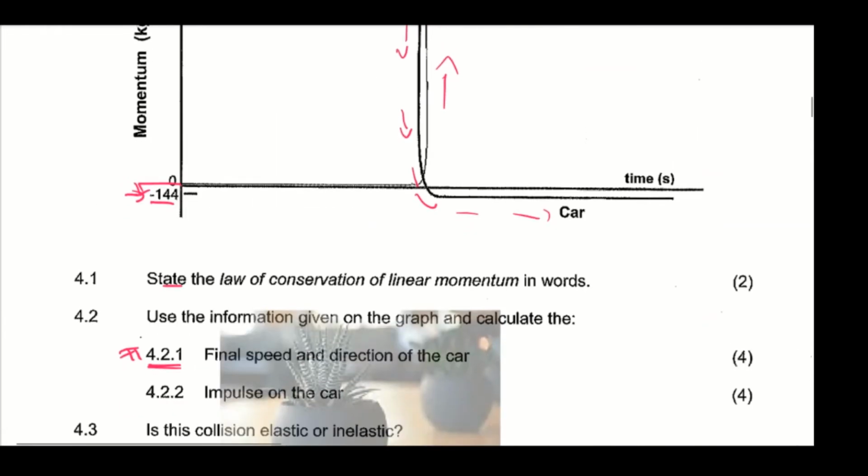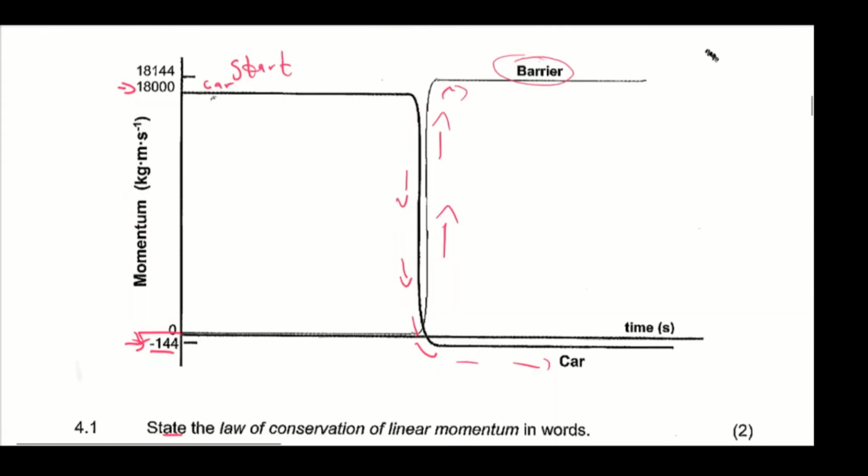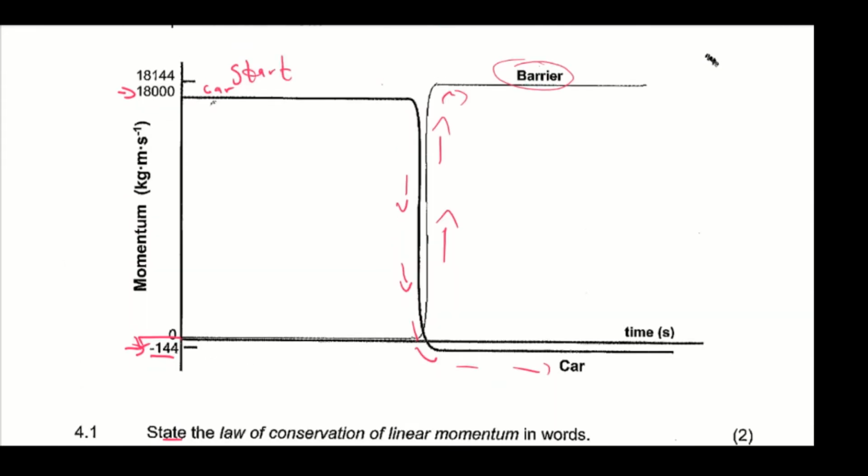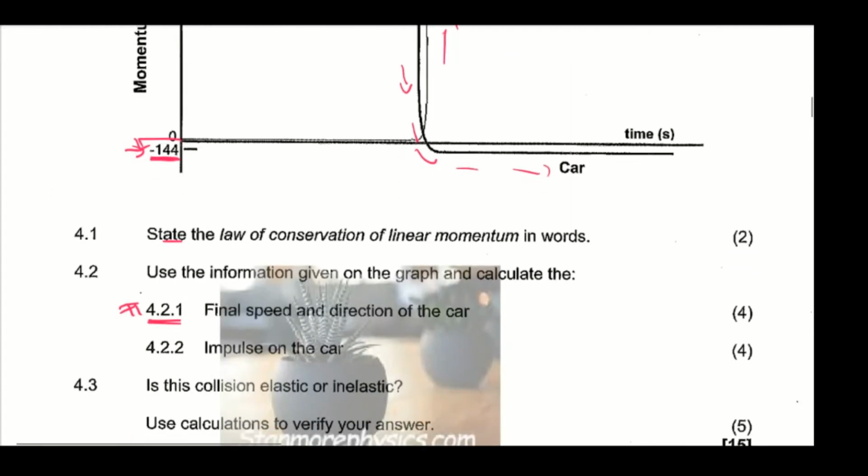How are we going to find it? This is the initial momentum of the car, and this is the final momentum of the car, and the statement wants us to find the final velocity and the direction of the car. So we're going to focus on this momentum here.